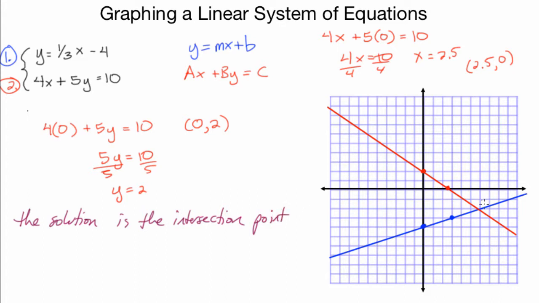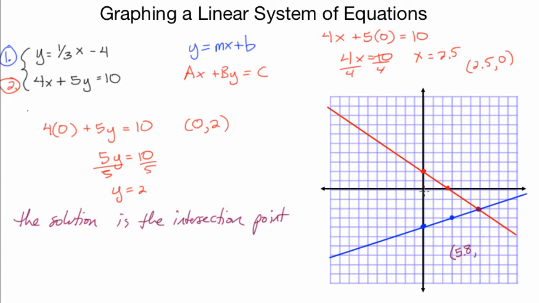So if I was to come over here on the graph, this point right here where my two lines intersect, if I can find the coordinates of that intersection point, that's going to give me the x and y value. So reading as well as I can from that point, I would say that this point has an x value of just a little less than 6. So I might guess approximately 5.8.